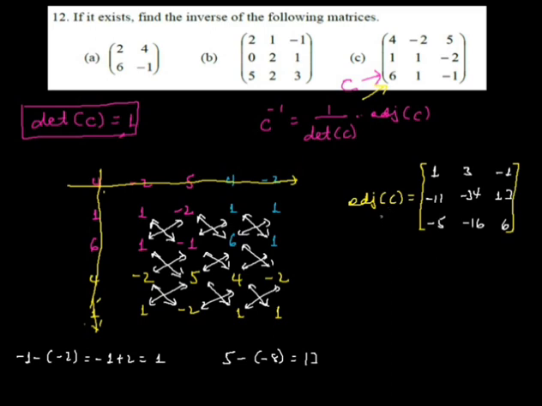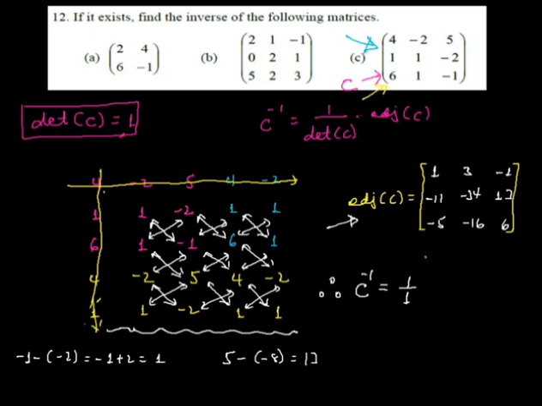So the adjoint of the matrix C is obtained. Care is needed here. Subtracting negative numbers needs great care, as we often make mistakes, so we must work slowly. This is the adjoint. Therefore the inverse of the given matrix C is 1 over the determinant of C, which is already 1 over 1, which is 1.